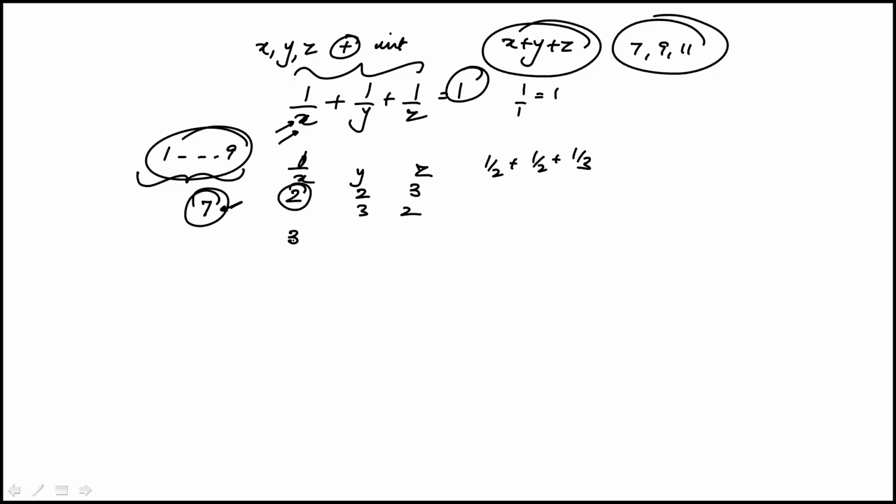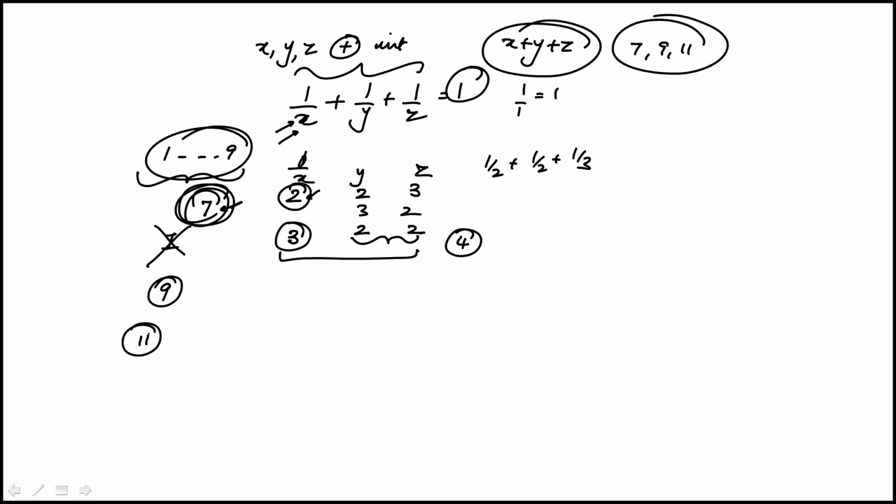If I go to the next higher value for x, because x can't be 1, so that's why I started with 2, it could be 3, then the other two have to add up to 4. That's 2 and 2, can't be 1 and 3. And you'll notice this also doesn't add up. So I can't get 7. 7 is not a possibility. So that eliminates one.